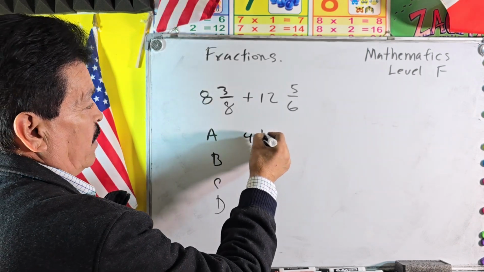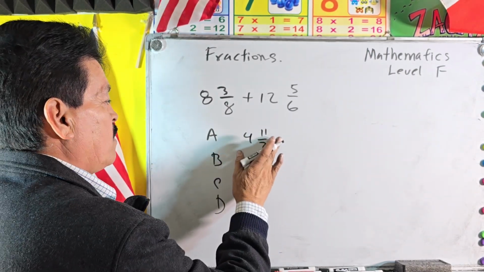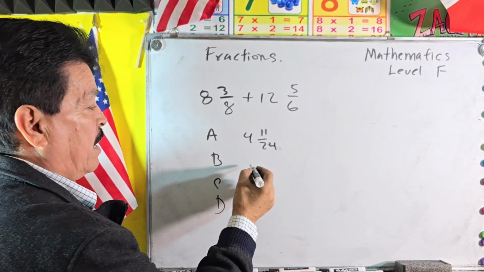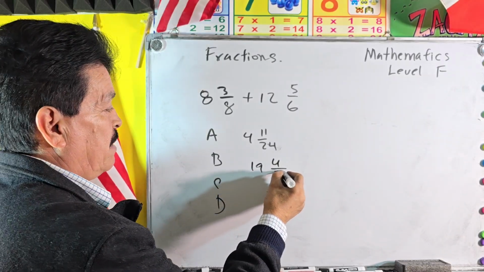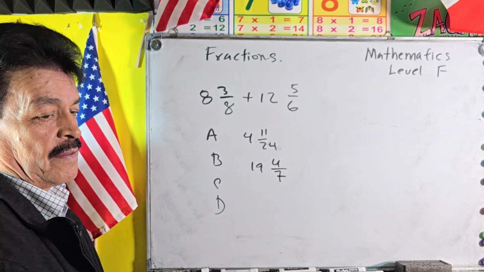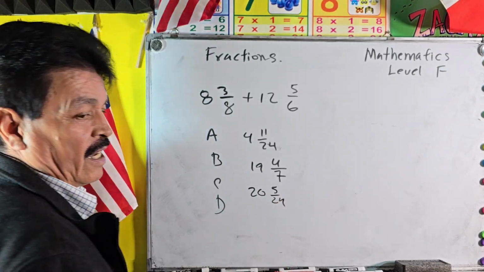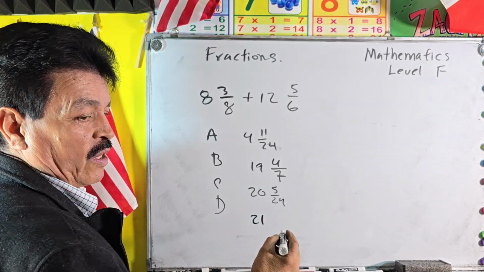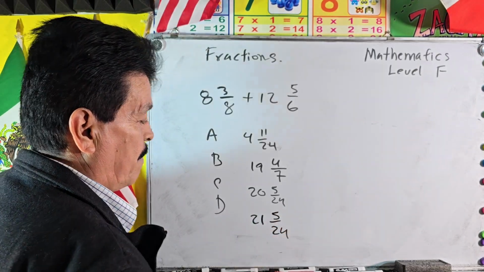So the first one is 4/11, 29/24, and then B should be 19/24, and then C, 20/24, and then D is 21/24.